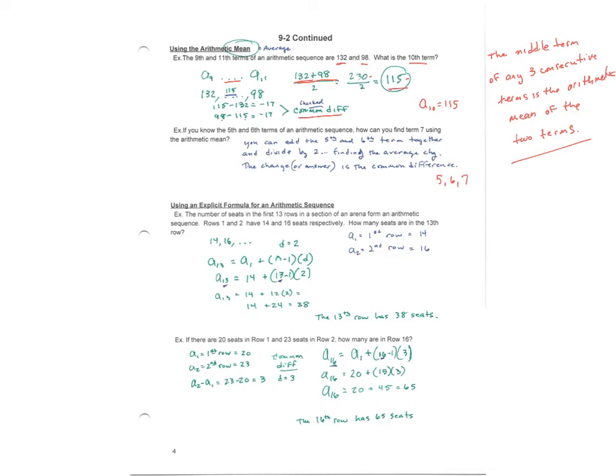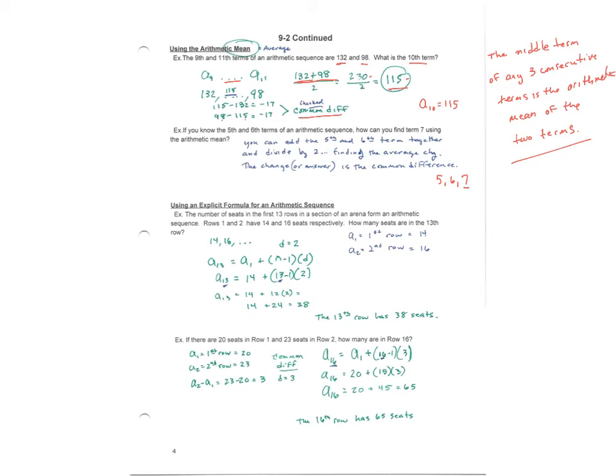In order to find this term, according to this, you can add the 5th and 6th terms together and then divide by 2, and that would find the average change. That turns out to be your common difference. Once you have found the common difference, you can add that to get to your 7th term.